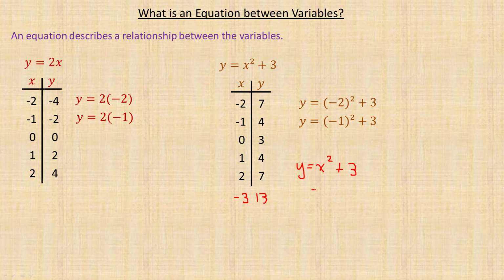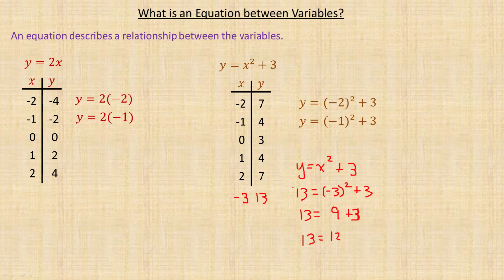If I put negative 3 in place of x here and evaluate, negative 3 squared is negative 3 times negative 3, so that's 9, and then plus 3, which is 12. If we thought that this y was supposed to be 13, this point doesn't satisfy the equation, because the y value on the left doesn't equal what we evaluated on the right. So negative 3, 13 doesn't satisfy the equation, but 12 would.